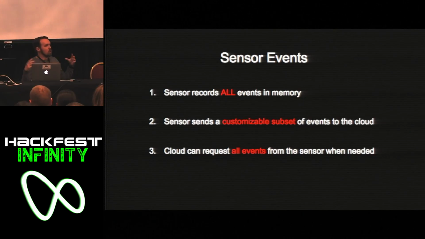The sensor will record everything that's going on, all of the events, everything on your box will get recorded in memory in a ring buffer, up to a certain amount of memory. The sensor will send a subset of those events. So you might say, I want all process creation to always come back to my backend where I can have a look at them in a database. You can choose which events you want to always come back.